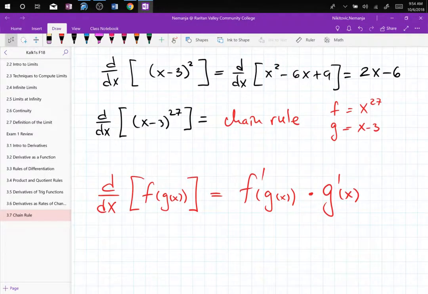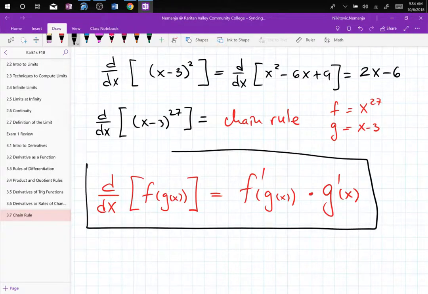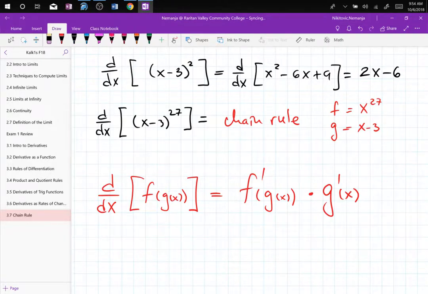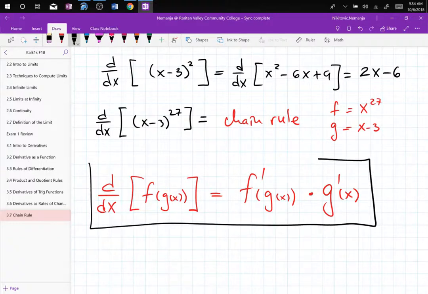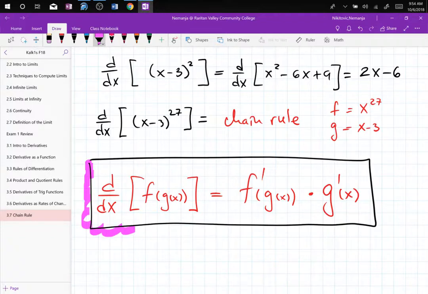Now this is a formula that we use to get the chain rule. It's one of those very, very, very important formulas. Put this on a cloud.